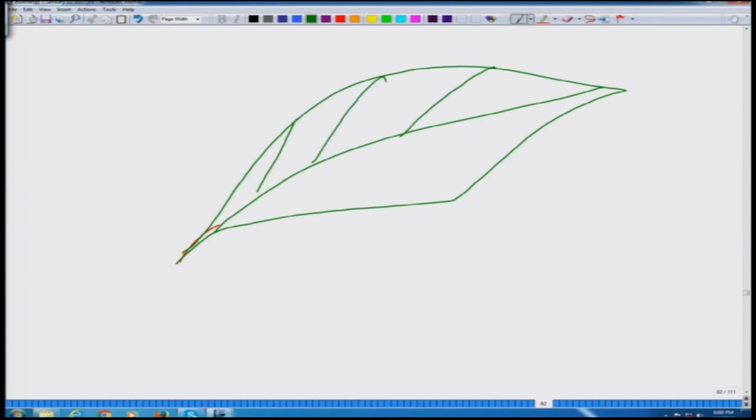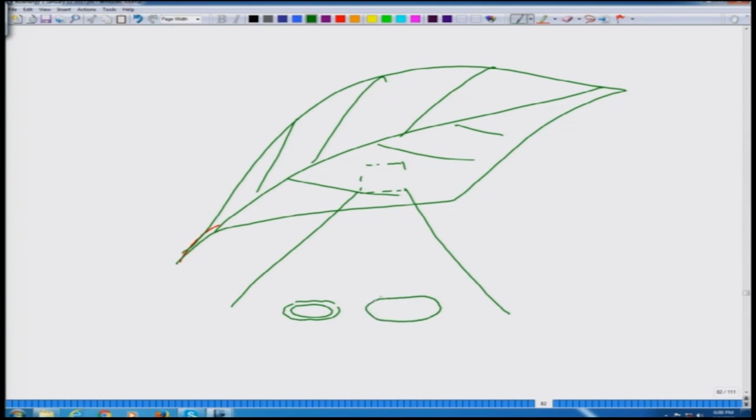If you take a cross section of it, what will you see? There are cells like this, these are the plant cells with the cell wall like this. And in between, these are all the plant cells that I am drawing, you will see certain structures like this.